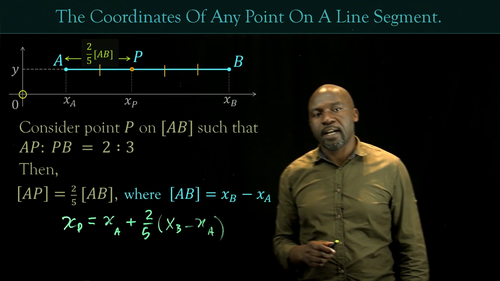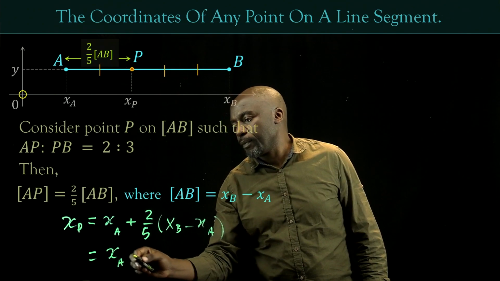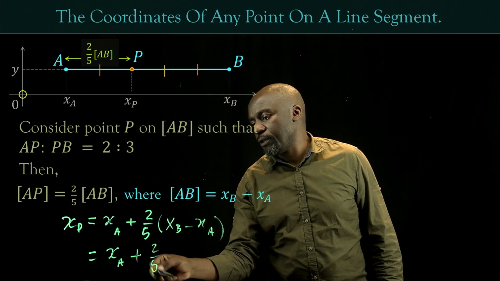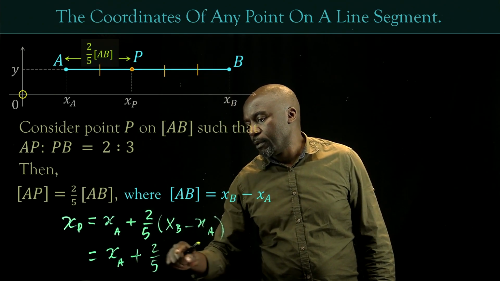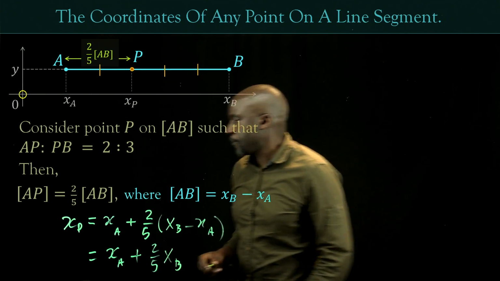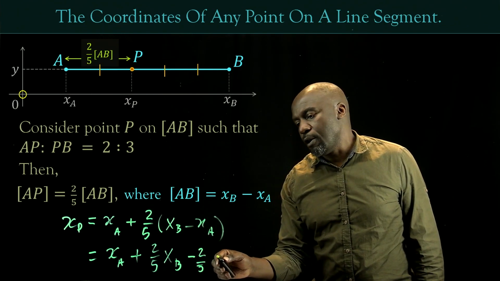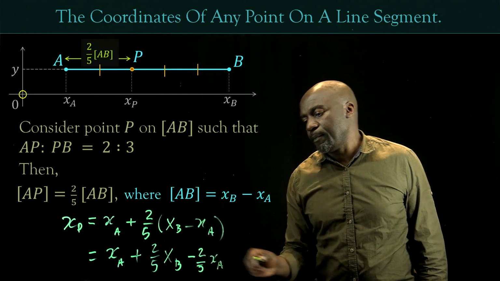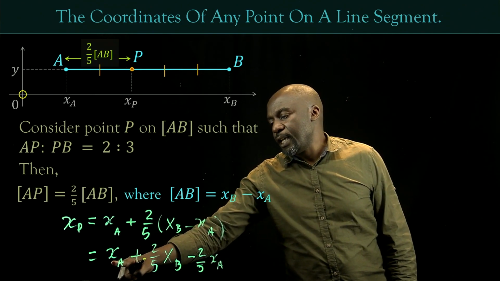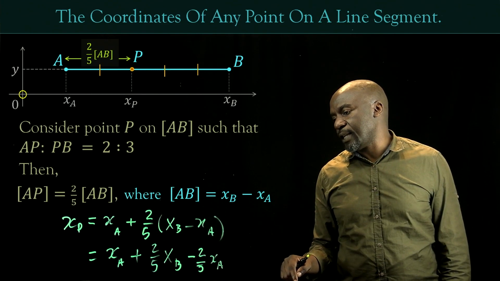So we need to find that. If I open that bracket, I get XA plus 2/5 of XB minus 2/5 of XA.